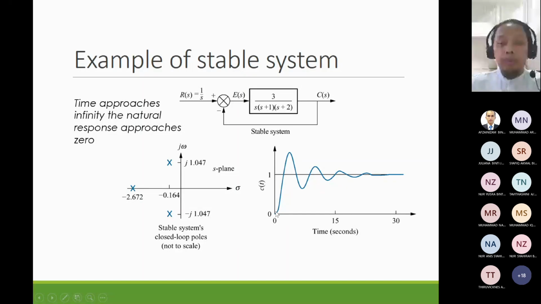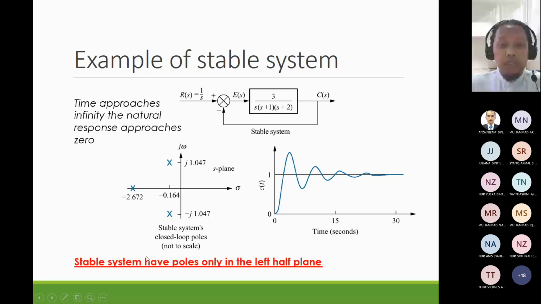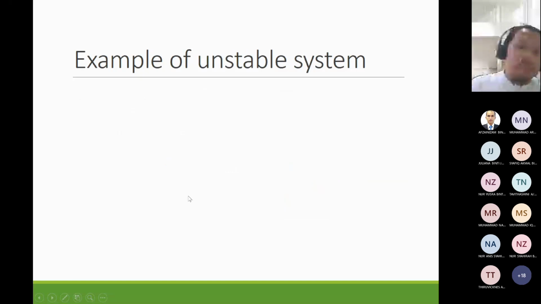As the time approaches infinity, the natural response approaches 0. This time response consists of the natural response and also the transient response. Here, the time response approaches the value 1, so the system is stable. This system is stable because of the poles plotted on the S-plane.